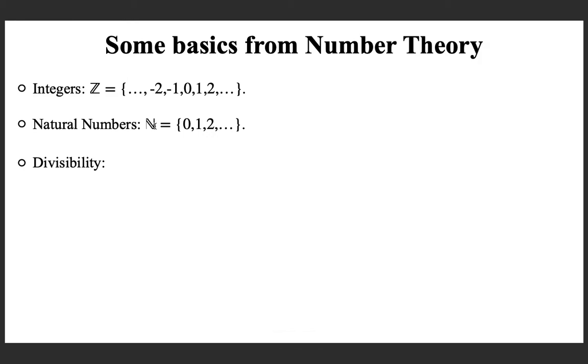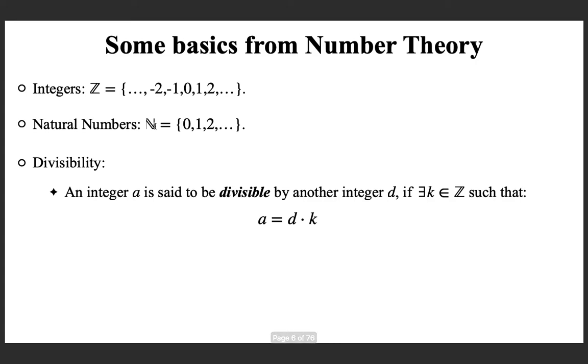What is divisibility? An integer a is said to be divisible by another integer d when there exists a third integer k such that a can be written as d multiplied by k. If a is d multiplied by something, then a is divisible by d.